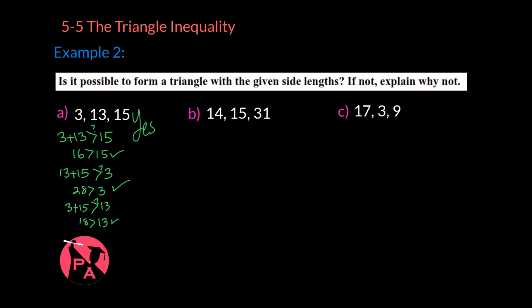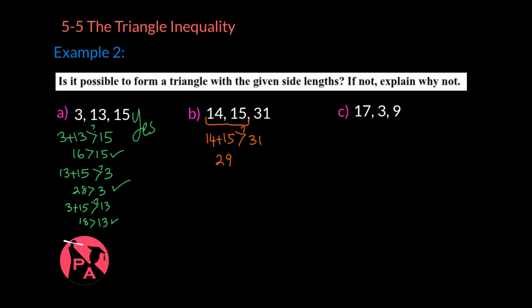The next one here is 14, 15, and 31. Here's a shortcut. I'm not going to test all of these inequalities. The shortcut is just choosing the shortest two of them. When you add these together, if this is greater than the third side, then the others are going to be true anyway. So right now we have 14 plus 15, which makes 29.